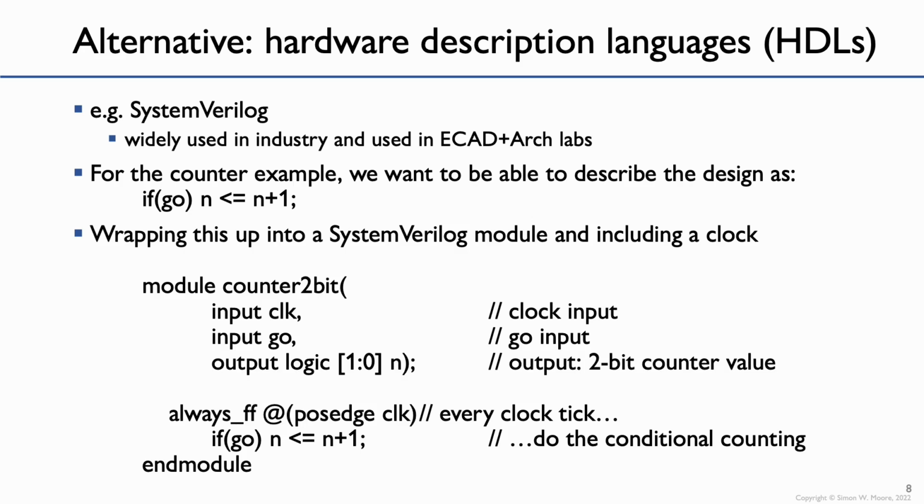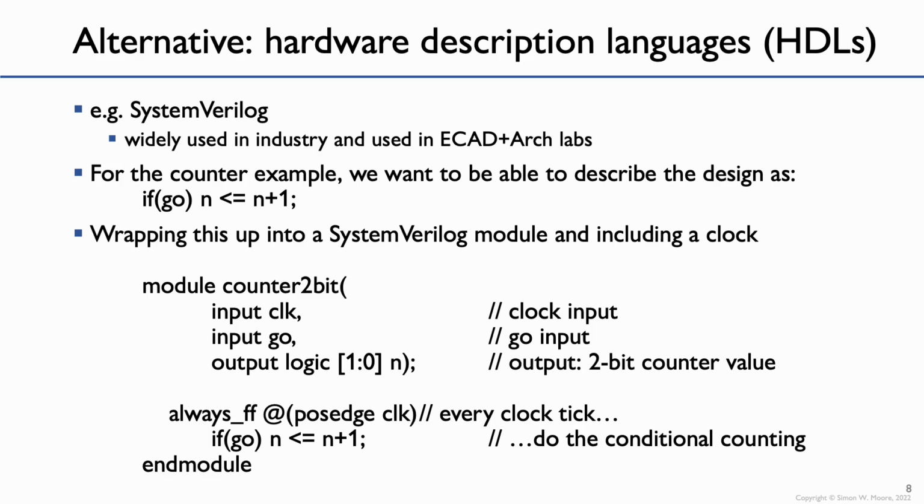Here we've got a module called counter 2-bit. We've got some inputs: an input clock, and an input called go. Then we've got an output of type logic, which is 2 bits, represented by [1:0] n. And that logic means that it can become a D flip-flop.